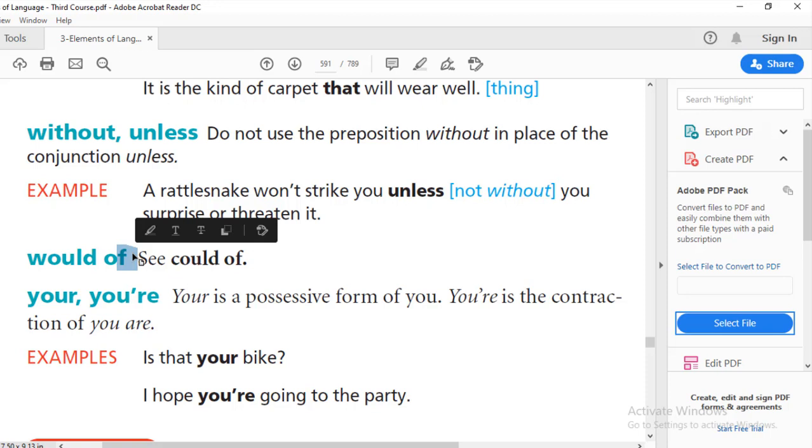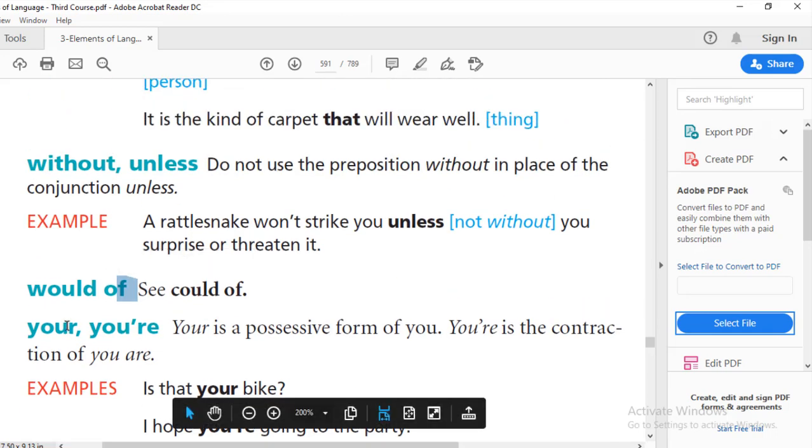All of these are called modal verbs. Don't use the word of with them, right? So don't say I would of or I could of. As we mentioned before, also in other pages, we can say could have plus past participle or must have plus past participle, right? I could have played yesterday, I could have swum yesterday, so that's correct. But you can never use the word of.